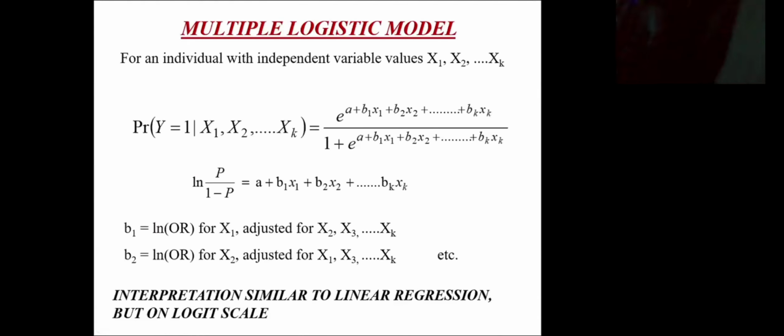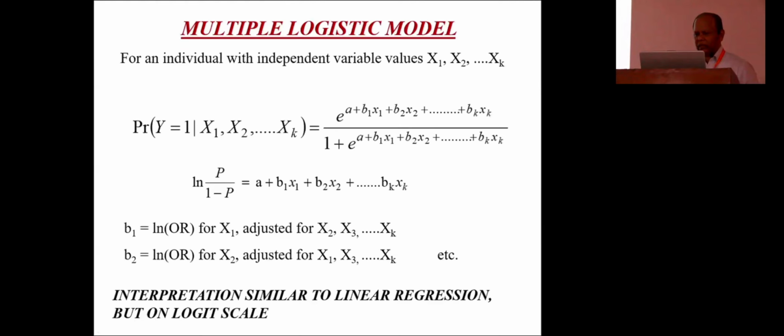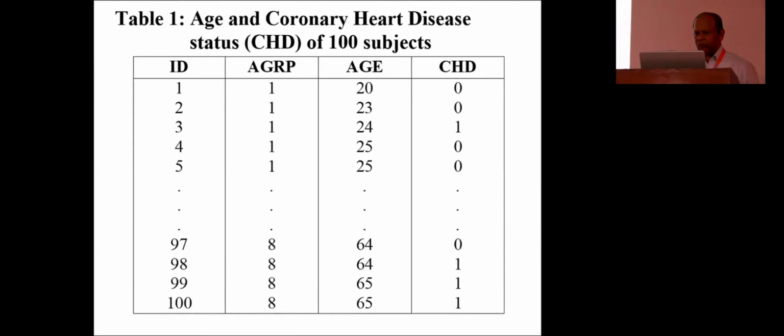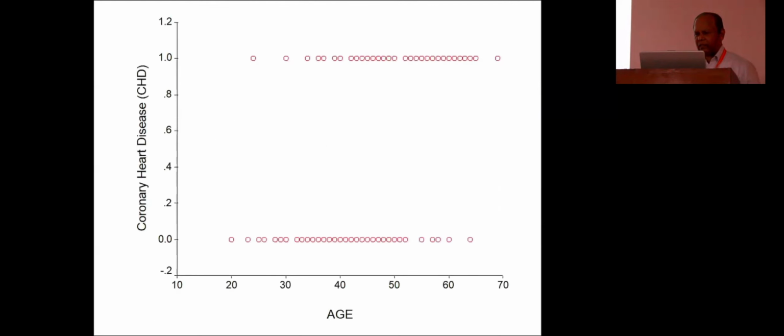This is a multivariate scenario, like multiple regression analysis. We have the same concept. Here you see a scatter plot of the variable age and coronary heart disease. Do you find any pattern from this graph? It is very unclear. Is there any correlation between the two?